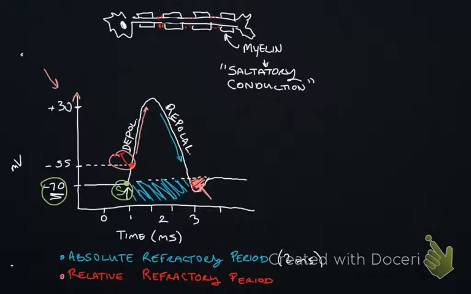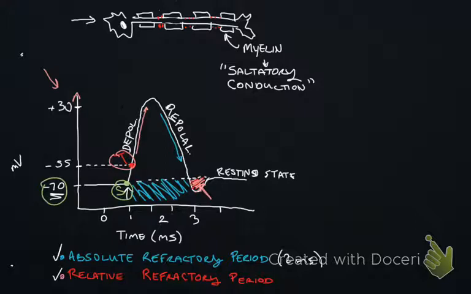Okay? And then following that, we just call it the resting state. Okay? So make sure that you know these two words and what they mean. Absolute refractory period, you cannot fire another action potential. Relative refractory period, only if the stimulus is big enough. Okay?